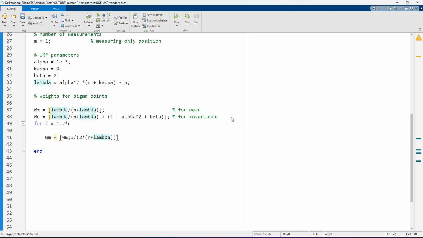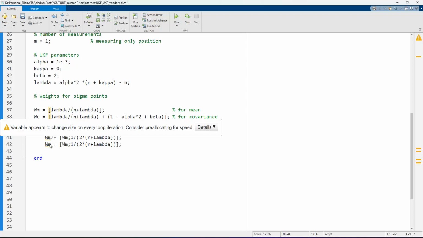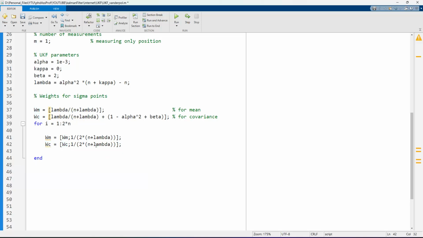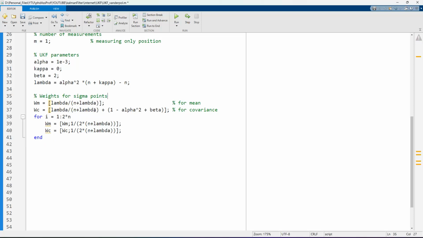Okay, these are the basic notation about this code. And so also we need to give the Wc value just like this one, and so this is the same. Okay, these are the algorithms for initialization of the weights and the sigma points in here.